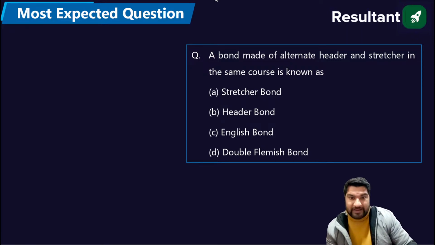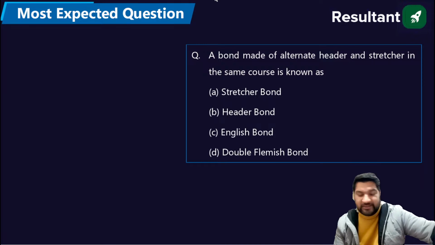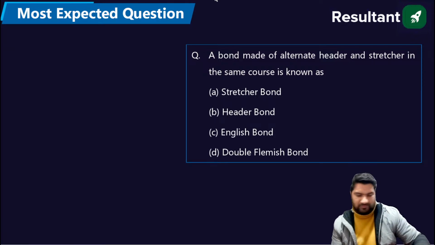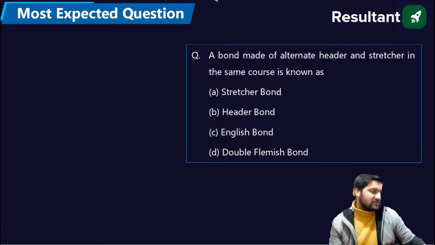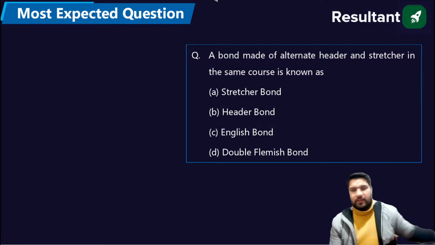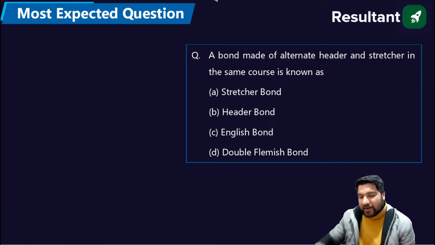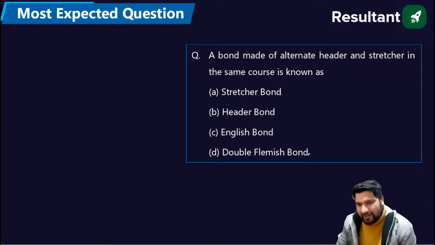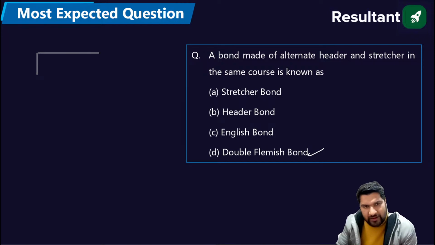You are making stretchers and headers in the same course. Guys, that is called the double Flemish bond. If we look at this wall, I'm making one course, one layer only.